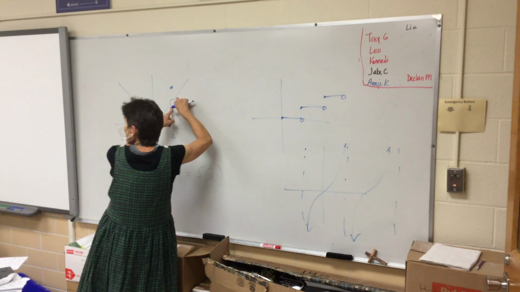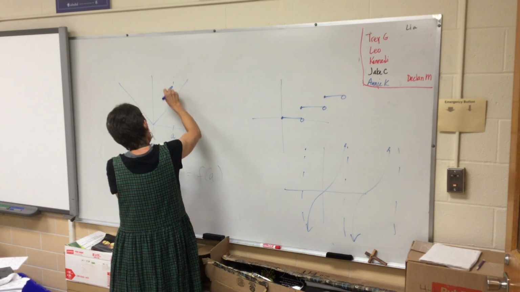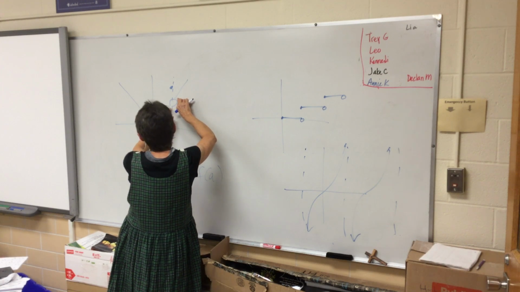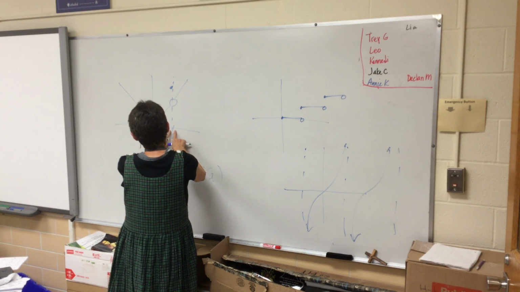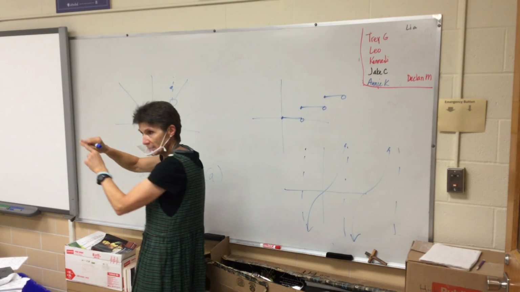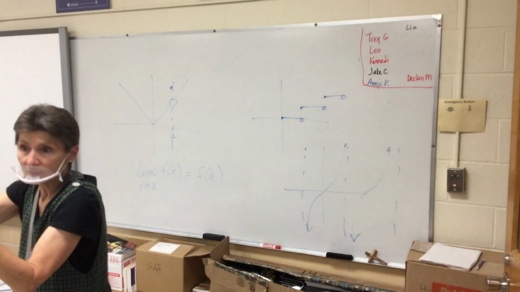And what is happening to my fingers? As I get, here's A, this is A right here. As I get closer to my A value, if I come in this way, get closer to my A value, what are my fingers doing? They're coming together, aren't they? If your fingers come together, you have a limit.